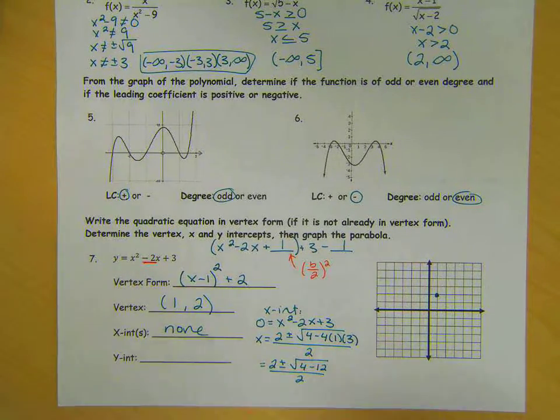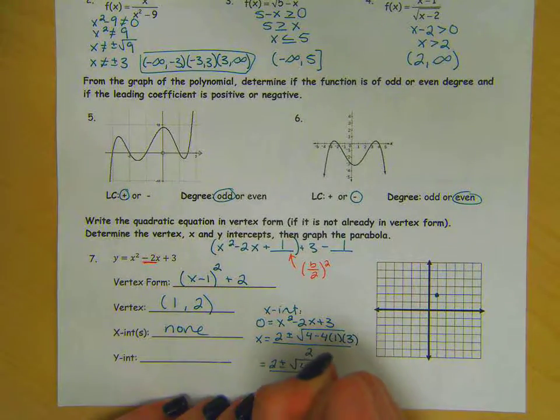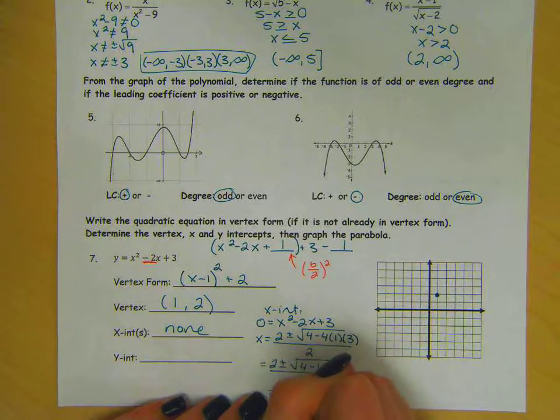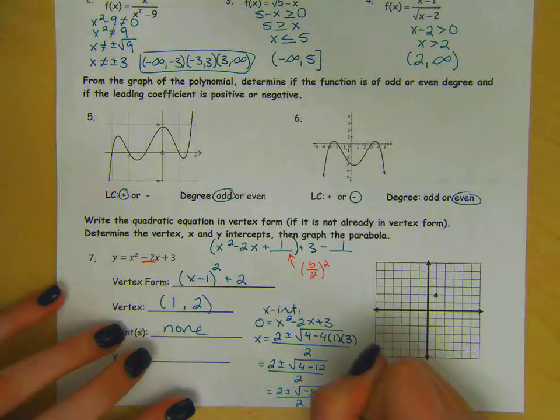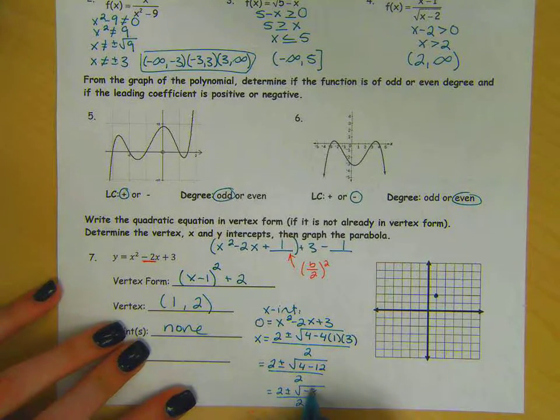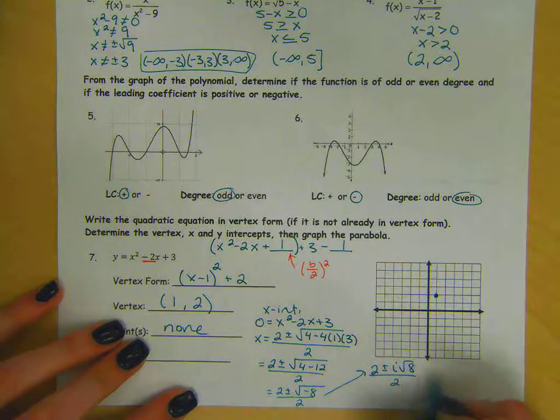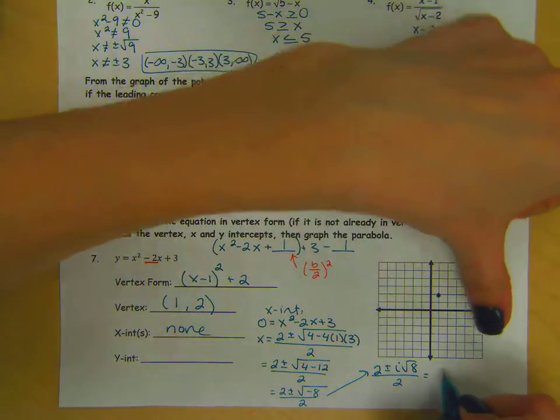To show you how we would continue simplifying this just in case we did want to find the imaginary zeros, we would say this is 2 plus or minus the square root of negative 8 all over 2. With that negative radical, we can pull out i, an imaginary number. So 2 plus or minus i square root 8 over 2. The square root of 8 we can simplify as well.